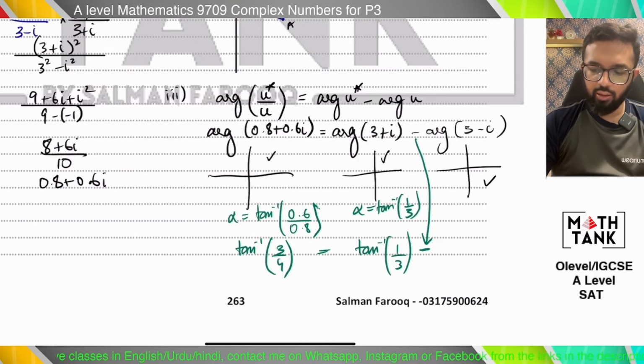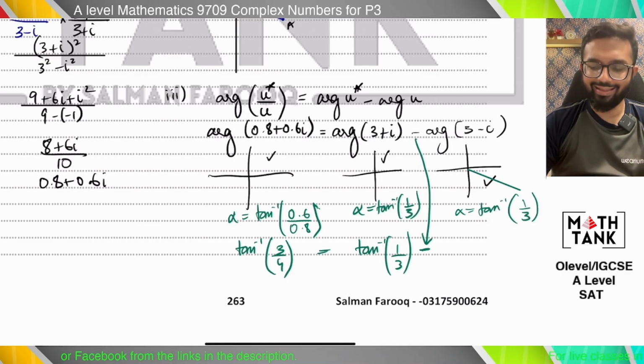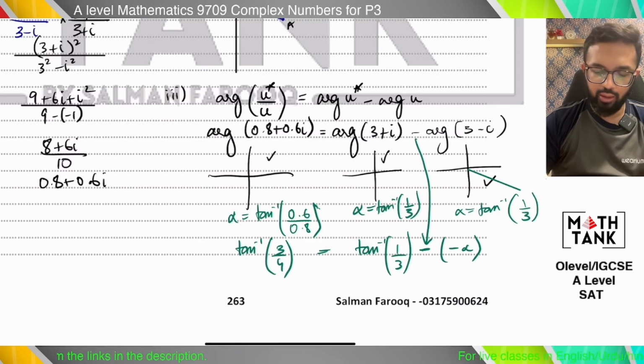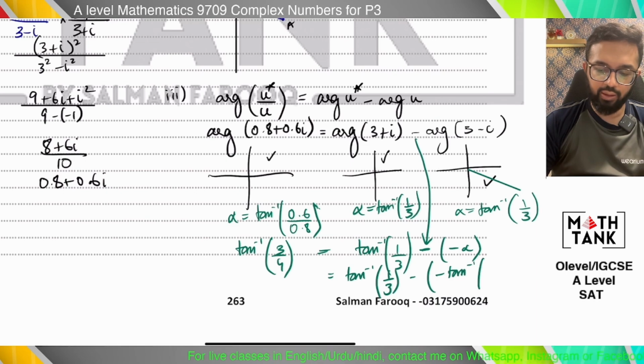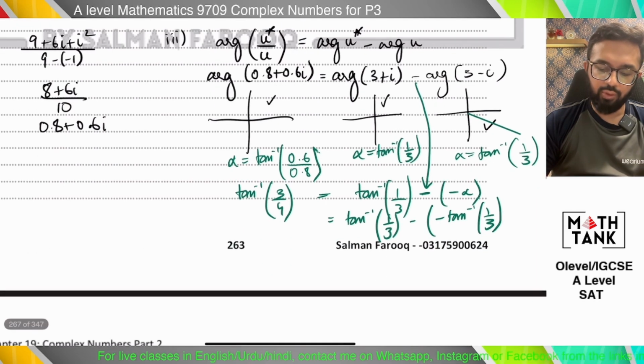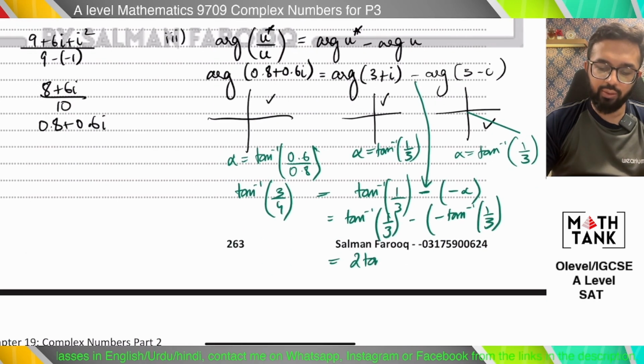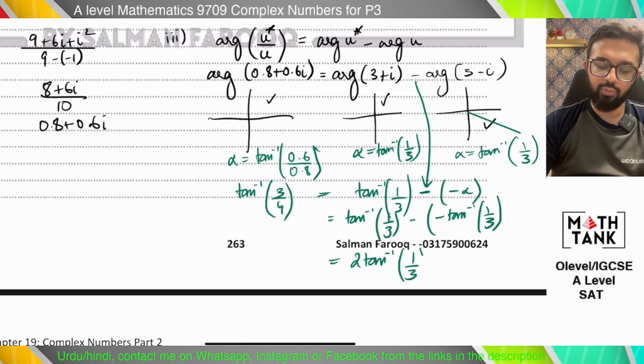And then you have the quadrant below. So the alpha is tan inverse of 1 over 3. But the argument for the fourth quadrant is negative alpha. Okay. So I'm going to write tan inverse of 1 over 3 minus tan inverse of 1 over 3. So 2 tan inverse of 1 over 3 basically, because that's going to become a plus. So I've proved to you.